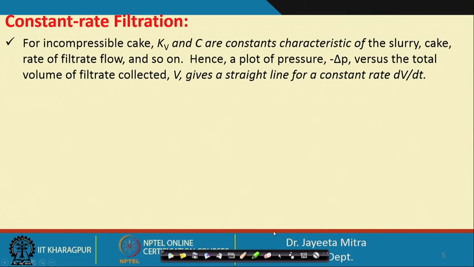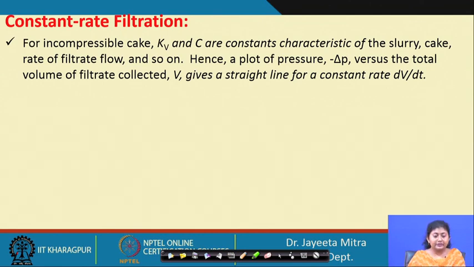For incompressible cake, kV and C are constant characteristics of the slurry, the cake, the rate of filtrate flow and so on. Now, a plot of pressure, that is delta P, versus the total volume of filtrate collected, V, gives a straight line.